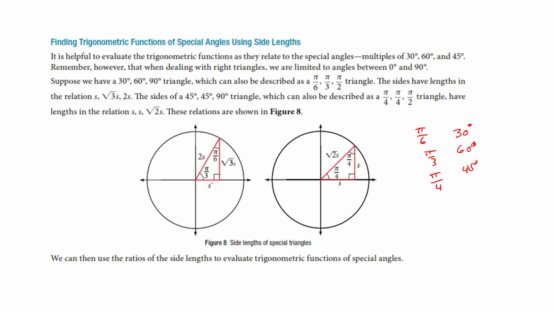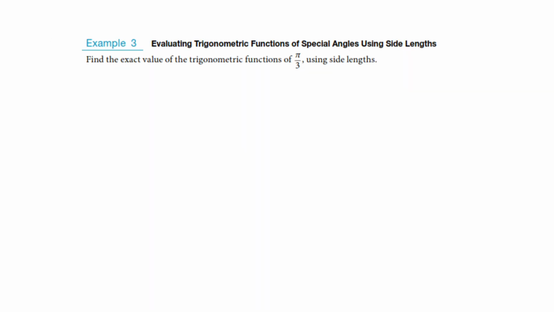The side next to it is always just the side, whatever that length is, and the hypotenuse always makes 2s. Now, we're going to memorize these, and we're not going to need this triangle approach after probably the next video. I can't remember, but very soon. But for now, we could use these ratios that no matter what the side is, we could find the values of 30, 60, and 45 degrees. Now, let's take a look and see what this would be like.